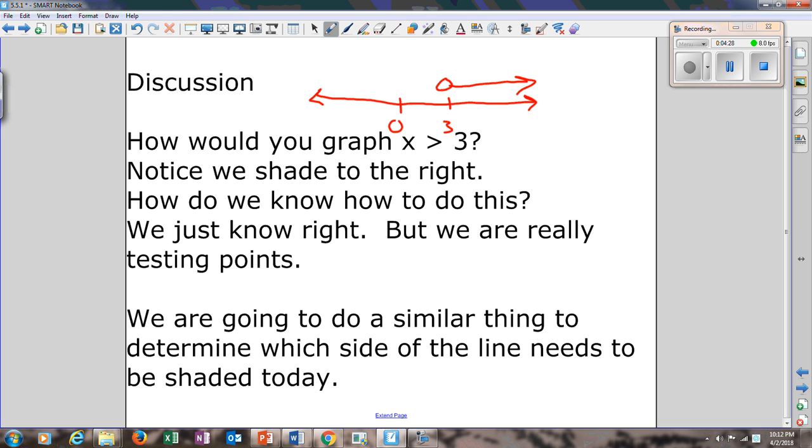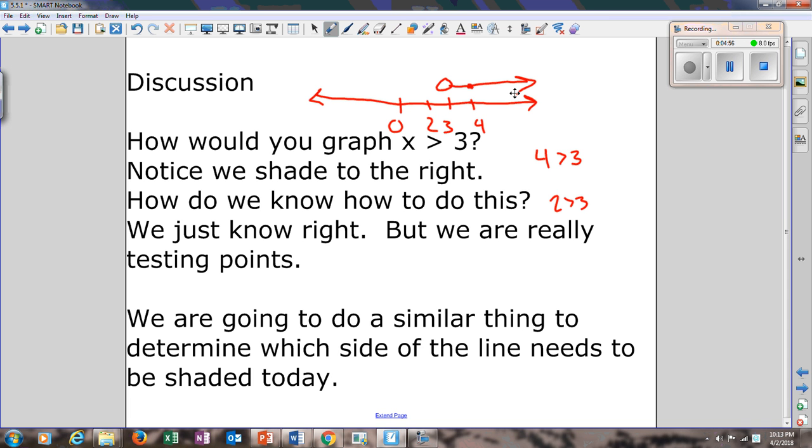We're looking for what numbers we could plug in for x that would make it true. Like if I plug the number 4 in, is 4 greater than 3? Yes, that's why 4 is one of the included points that's shaded. If I plugged a 2 in and said, is 2 greater than 3? No, it's not. That's why 2 is not one of the included points in our graph.